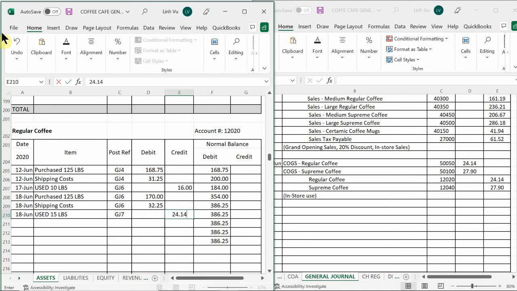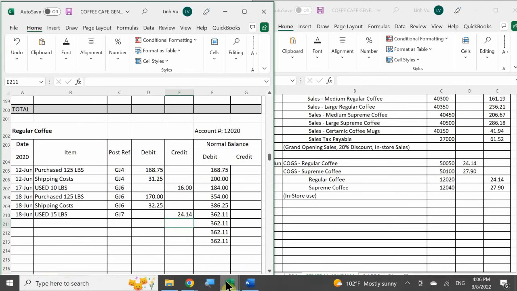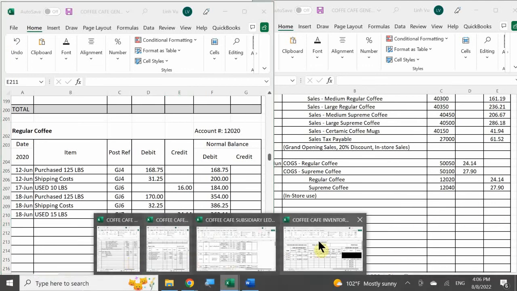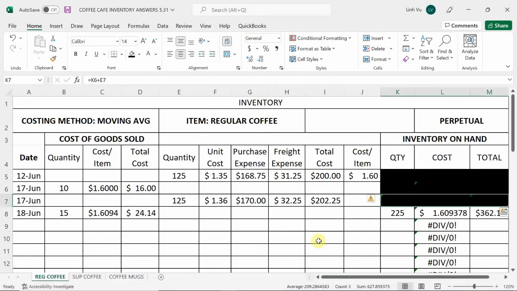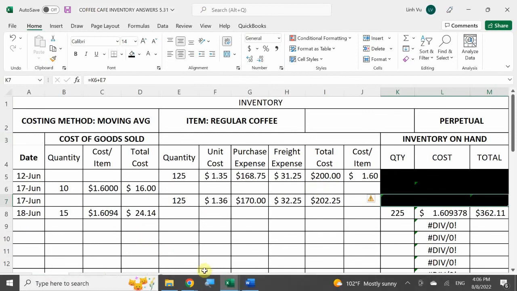Right, it's on the credit side because we used it, so we're getting rid of it. We got 362.11. Is that correct in our inventory worksheet? 362.11. Yes. Okay.